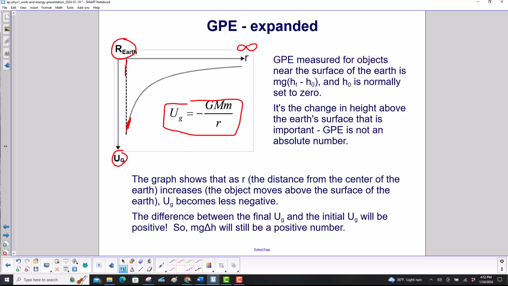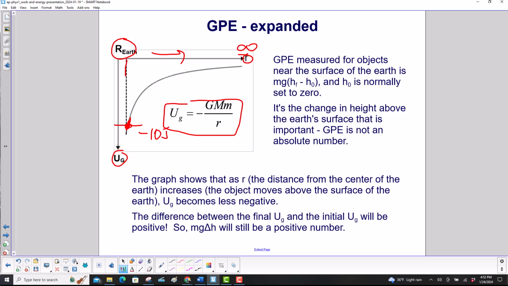The graph shows that as r, this is r, increases, the distance from the center of the Earth increases, the object moves above the surface of the Earth. Ug, the potential energy, will be less negative. So for example, let's just say minus 10 joules.